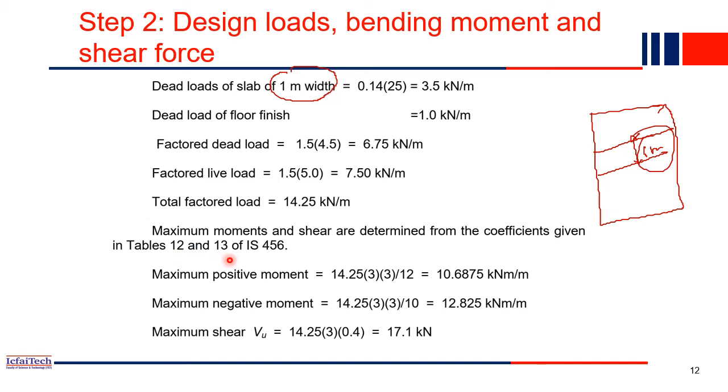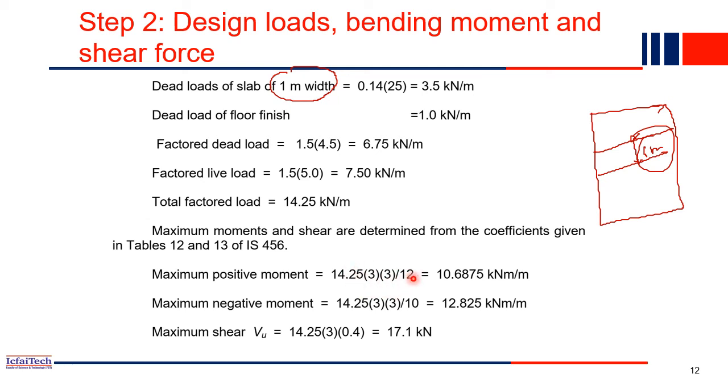Now for the maximum moment and shear force, the coefficients, as I mentioned, you will get from IS 456 Tables 12 and 13. For the maximum positive moment it is WL square by 12.